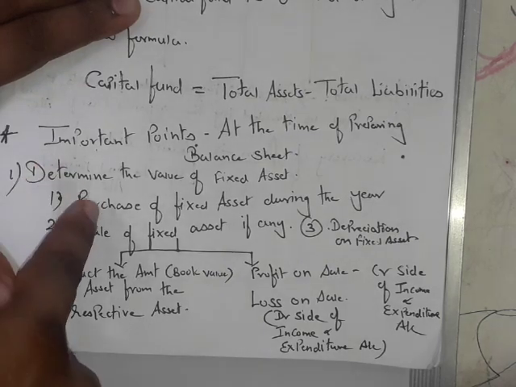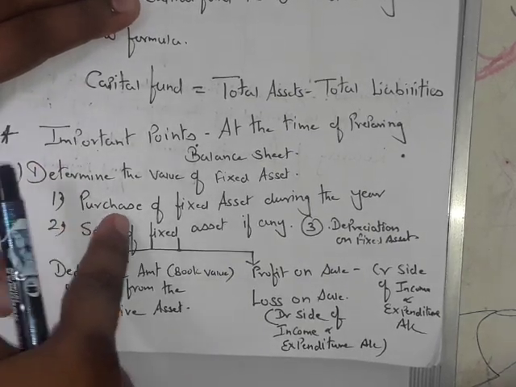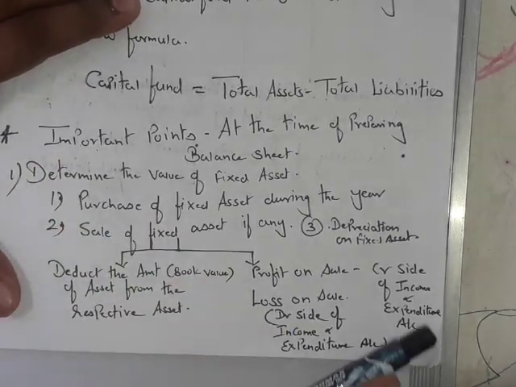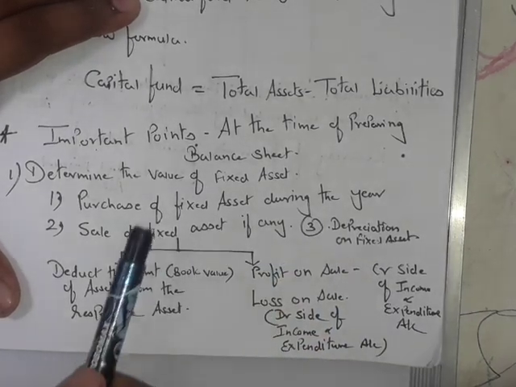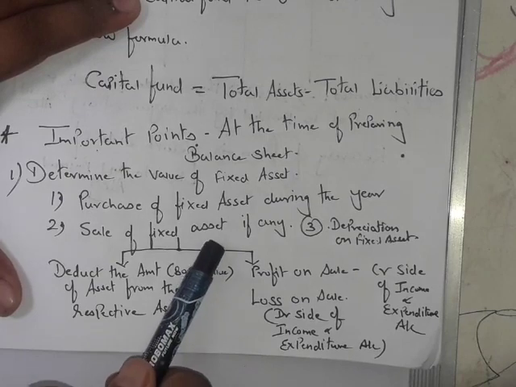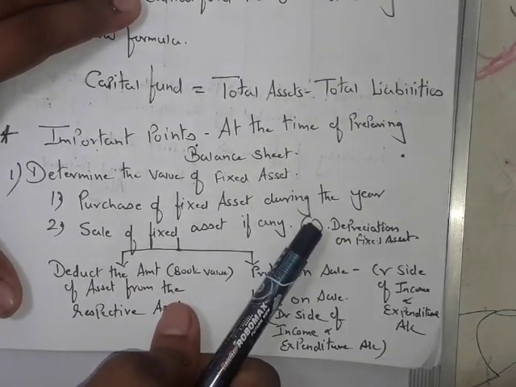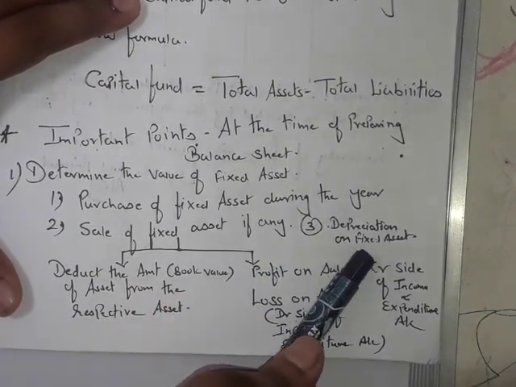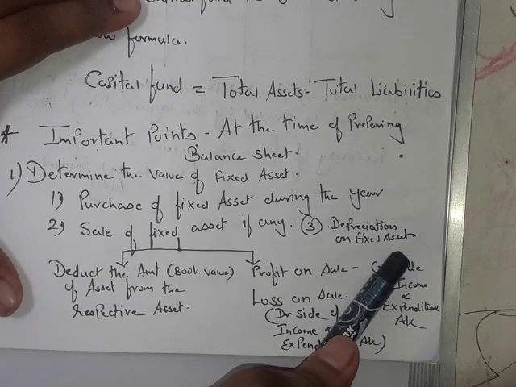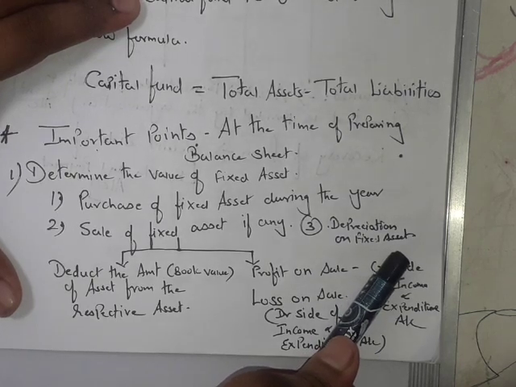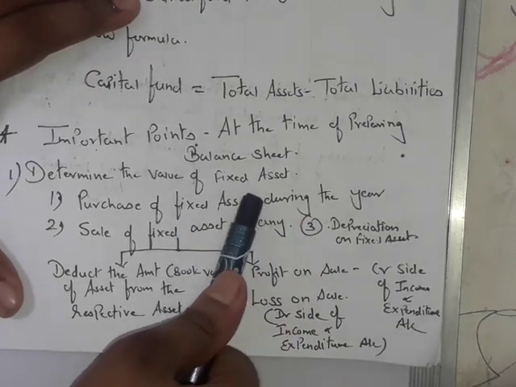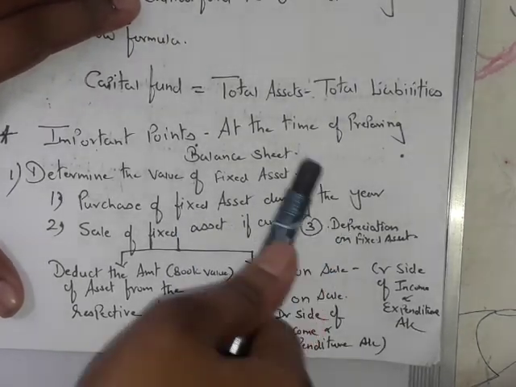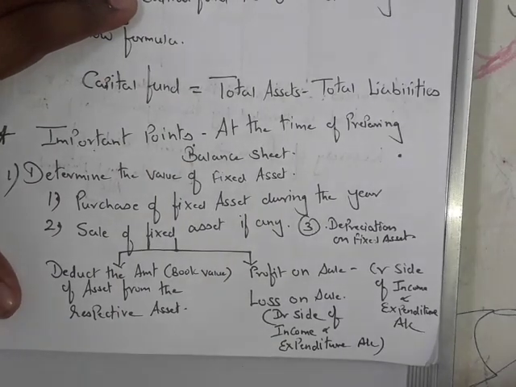They are: number one, the purchase of fixed assets, if any, during the year; the sale of fixed assets, if any, during the year; and the depreciation charged on the fixed assets. All these three play an important role in determining the value of fixed assets.